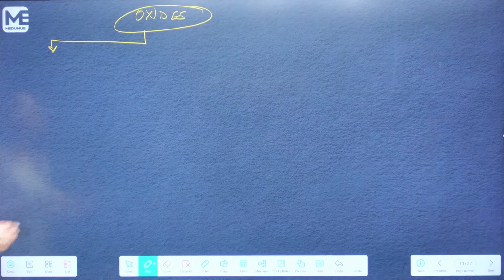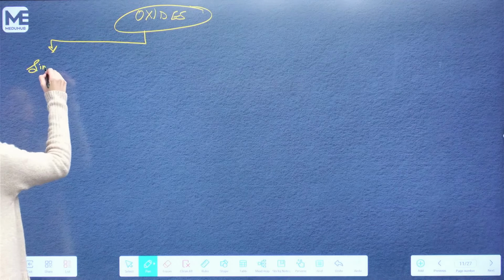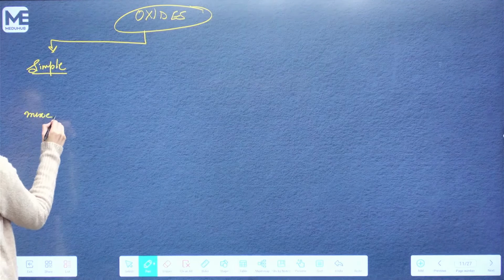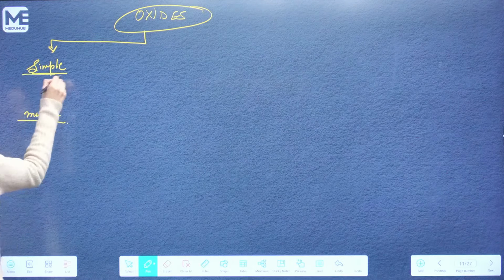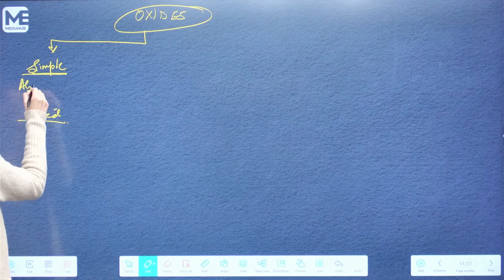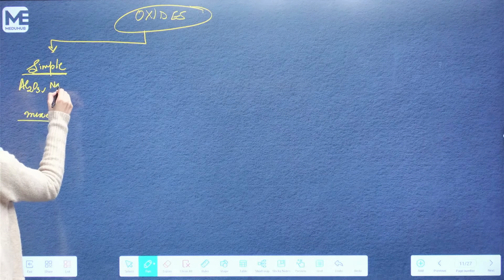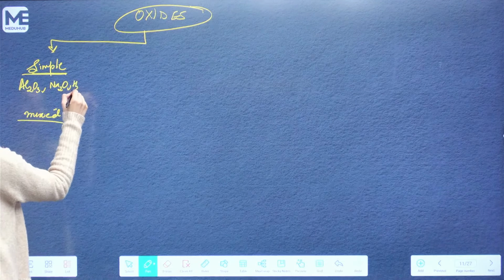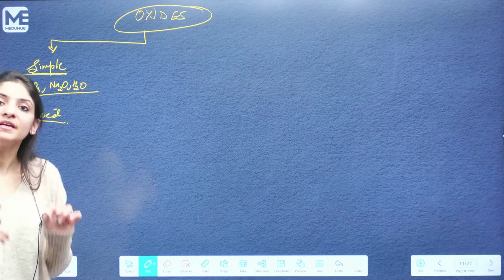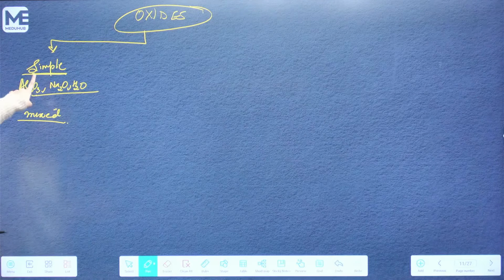The first category is simple and mixed. So what are simple oxides? Simple oxides are oxides like Al2O3, Na2O, H2O. What is happening here? Only one type of cation is present in one oxidation state. That is a simple oxide.